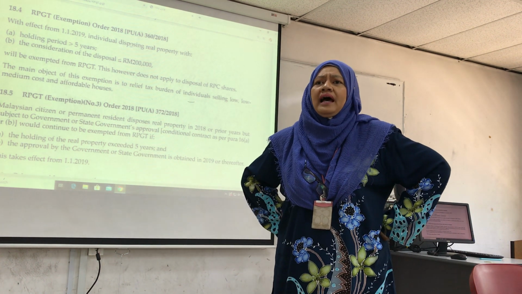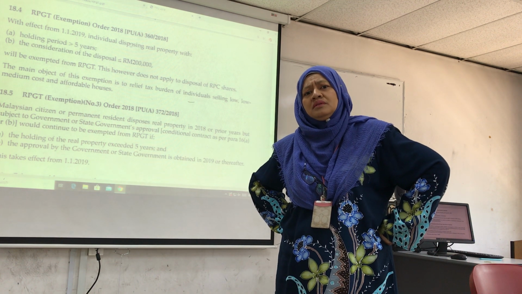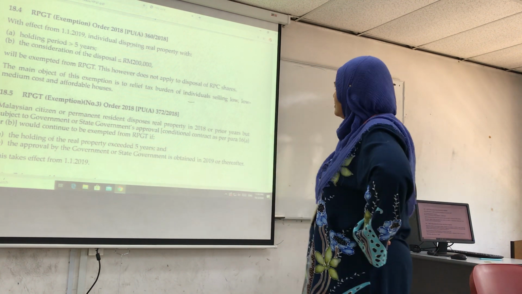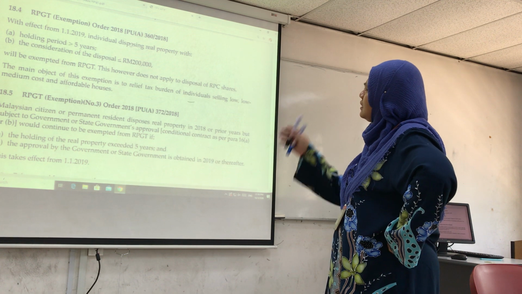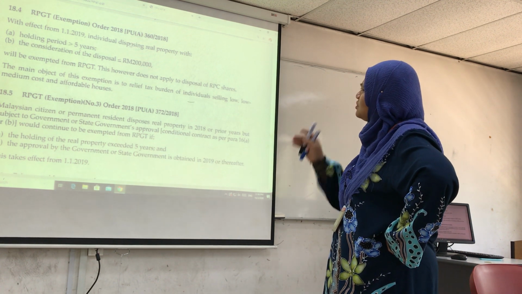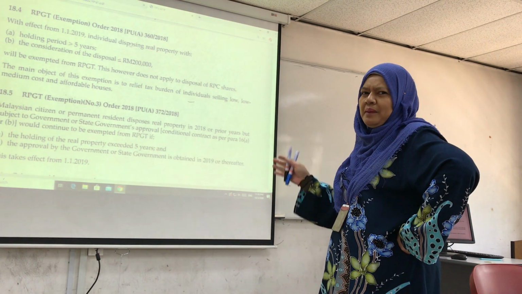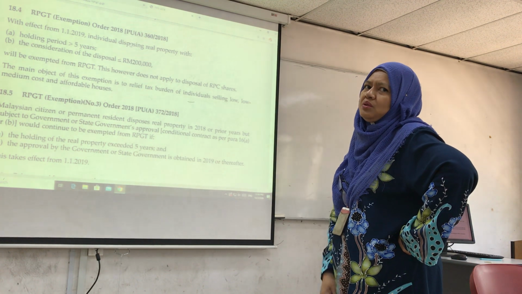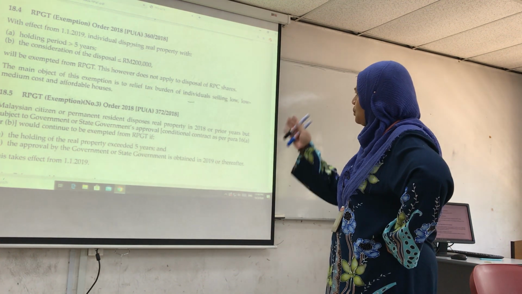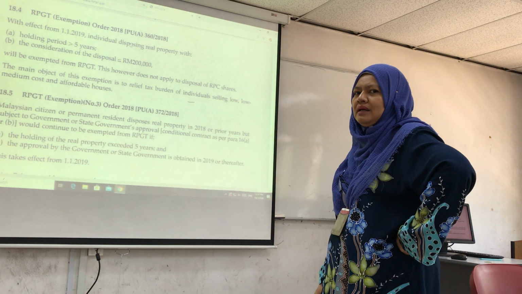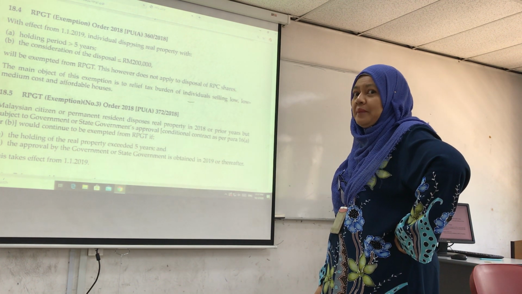Where can you get a house for less than 200,000 now? So this is nonsense, I don't know. Even a low-cost apartment or low-cost housing you don't get below 200,000. So this is just to play around, just to make voters happy.